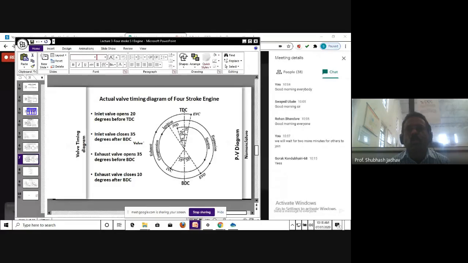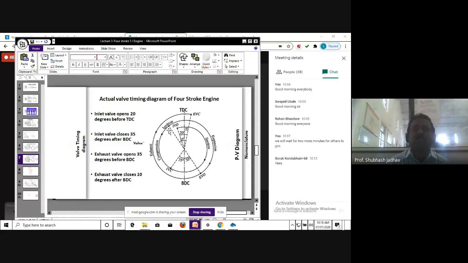So during this valve overlap period, we are going to have unburned mixture going out through the engine, even in case of a four-stroke engine. We have already discussed this in case of a two-stroke engine, where we said that since the inlet port, that is the transfer port, and the exhaust port are simultaneously remaining open, when the piston moves down towards bottom dead center, the mixture was coming in through the transfer port and going out through the exhaust port.